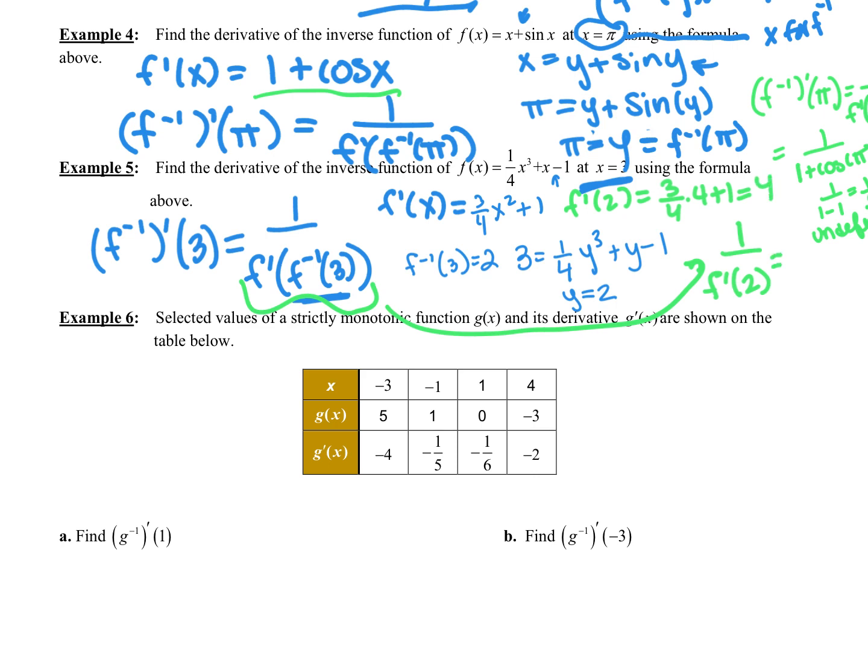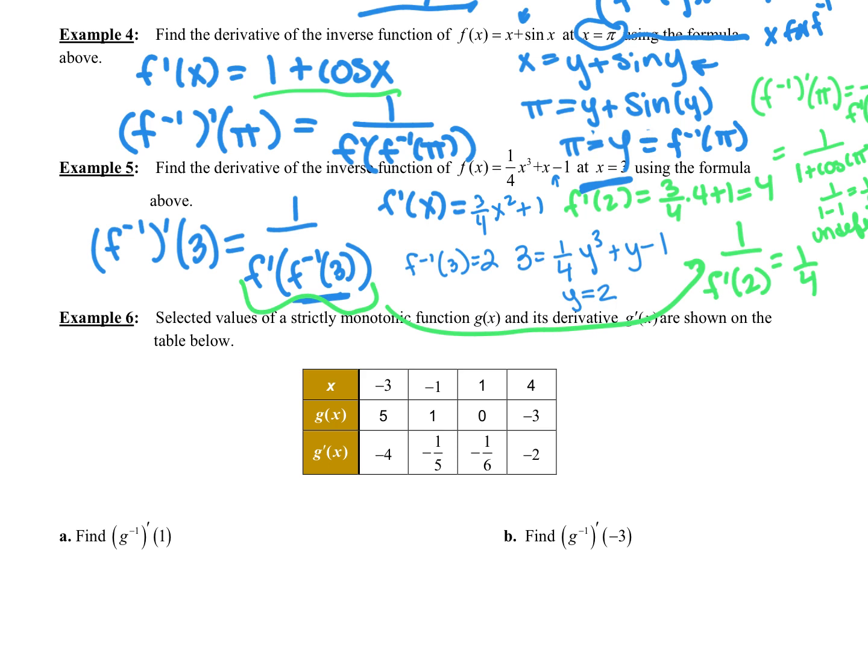So our derivative of our inverse will be 1/4. So notice how the derivative is 4 and the derivative of the inverse is 1 over 4, right? That's that slope thing that I was talking about. They're always going to be reciprocals of each other, okay?